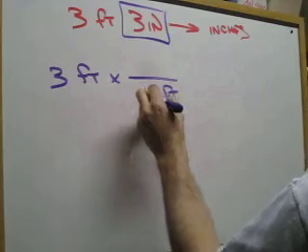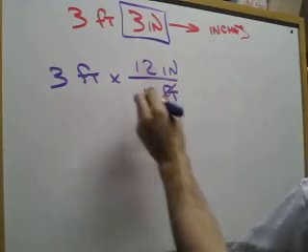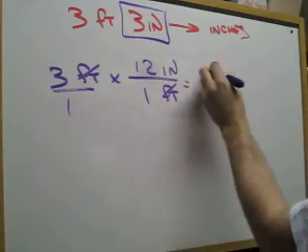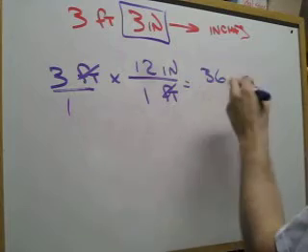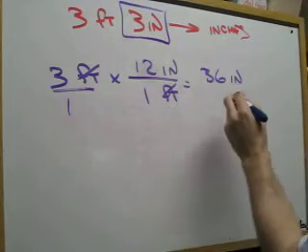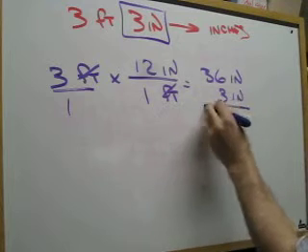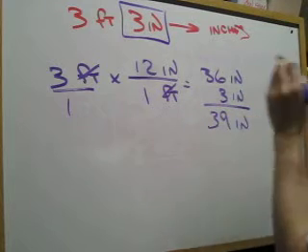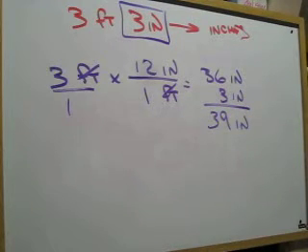Feet, we know that there are 12 inches in a foot. Those cancel. We get 36 over 1 inches because that's what's left. We add our 3 inches that we have in the original, and we end up with 39 inches. So it works that way for all of these.